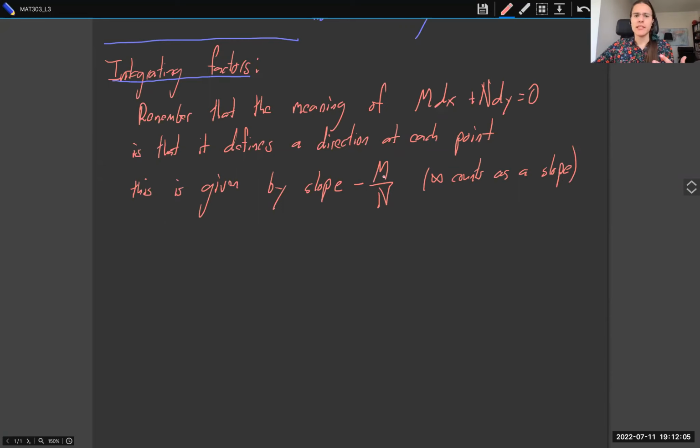Well, the thing about this quantity is that it doesn't change if we multiply M and N by some fixed function of x and y.